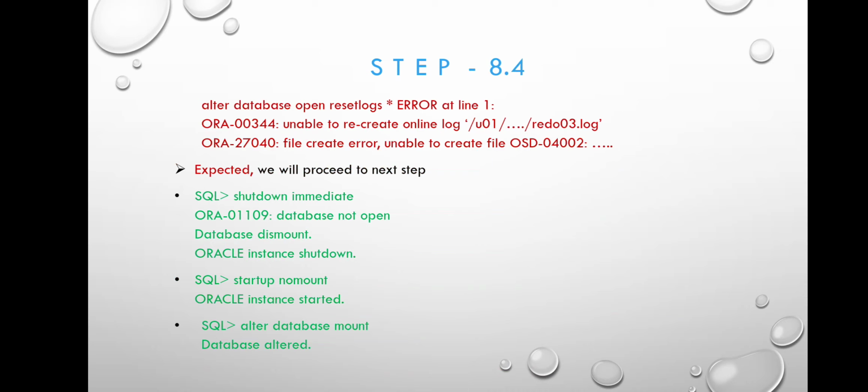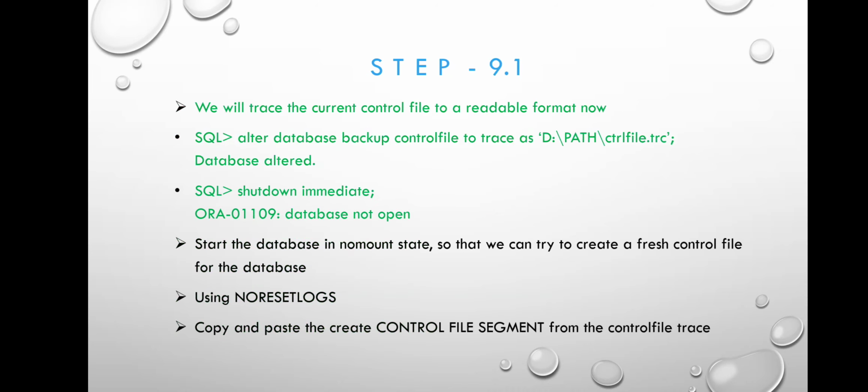Step 8.4. So we will shut down the database now and start again with the nomount command. Then mount the database with alter database. Step 9.1. To solve our problem, we will create a backup control file by running the alter database backup controlfile to trace command.